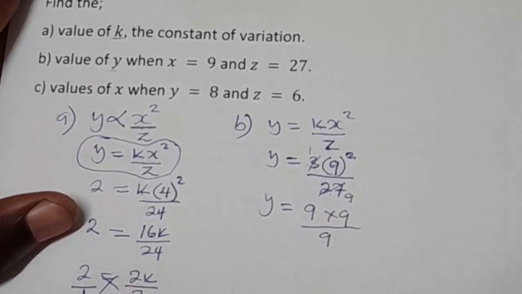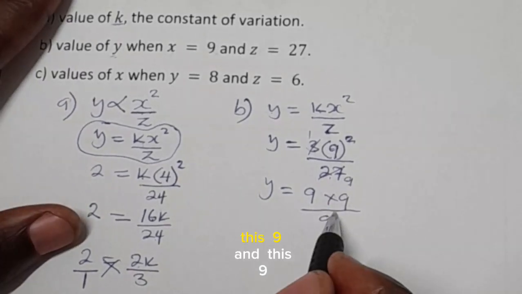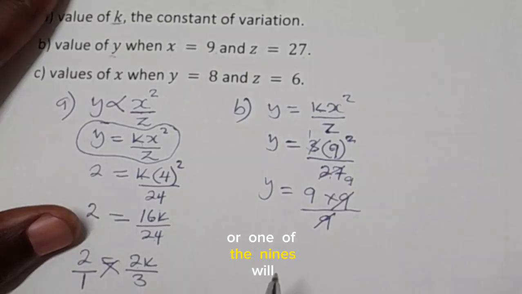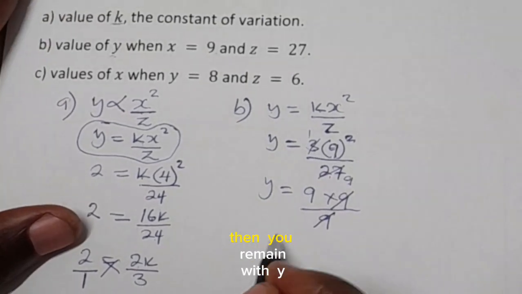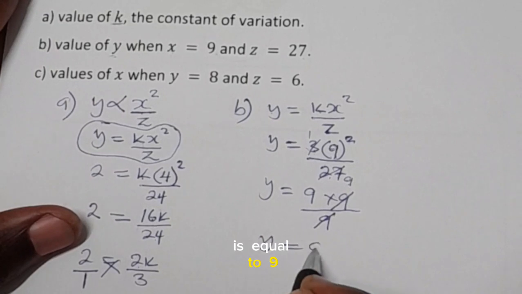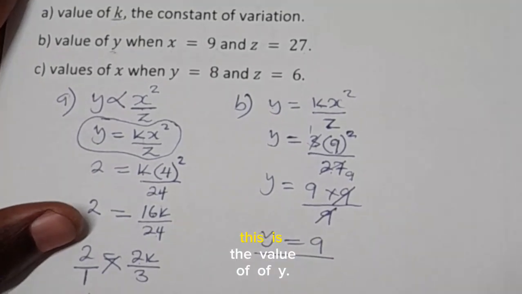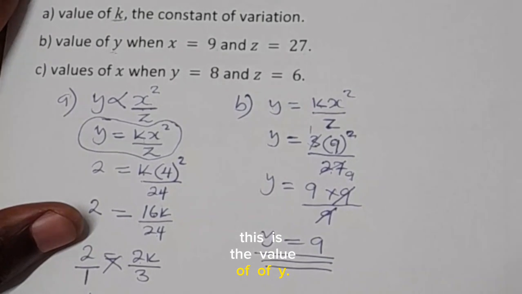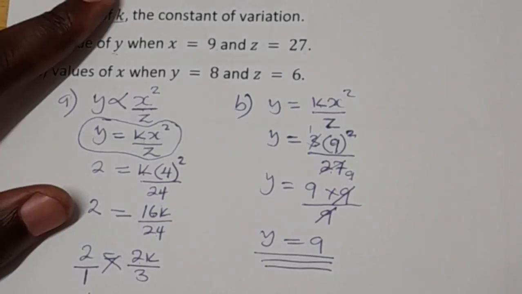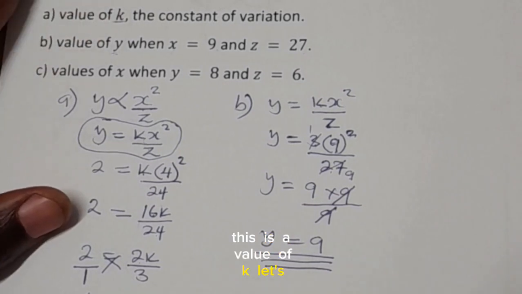So one of the 9s will cancel like that, then you remain with y is equal to 9. This is the value of y.